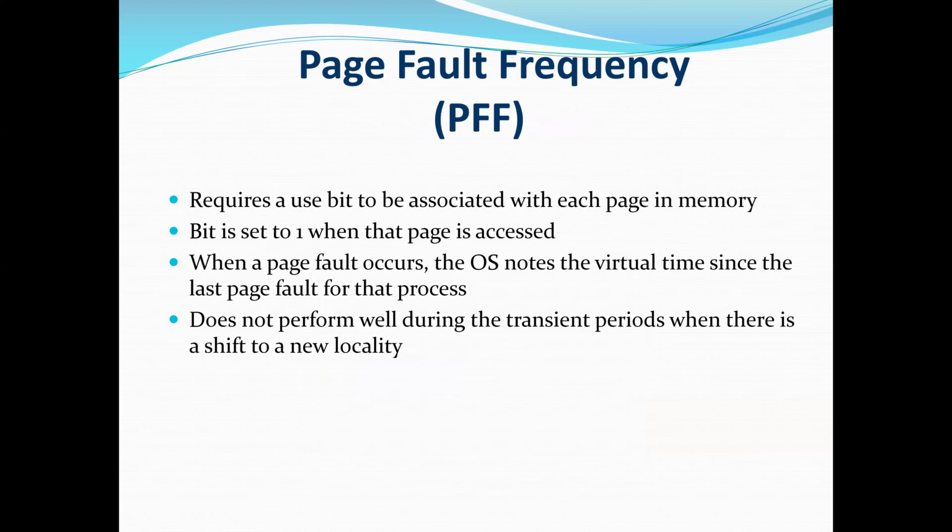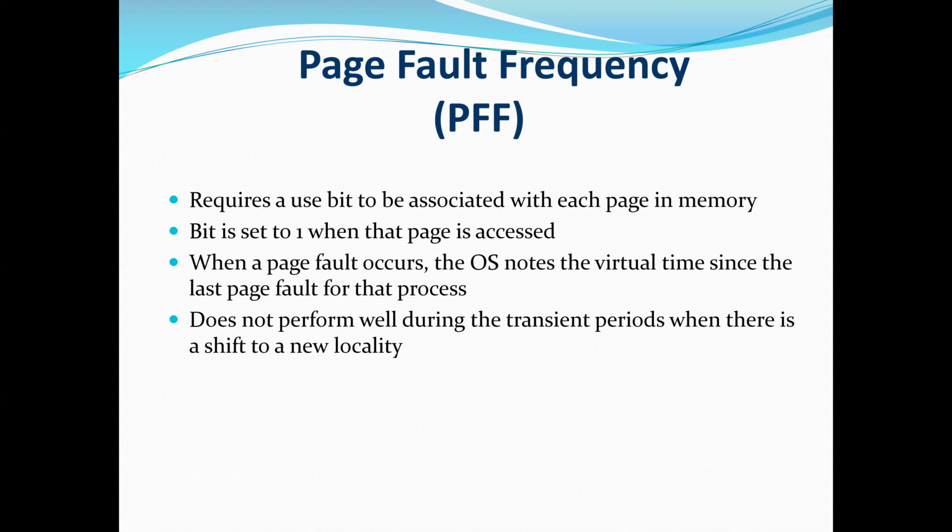Then we have the page fault frequency, PFF. An algorithm that follows this strategy is the page fault frequency algorithm. Normally, it requires a use bit to be associated with each page in memory. The bit is set to 1 when the page is accessed. When a page fault occurs, the operating system notes the virtual time since the last page fault for that process.